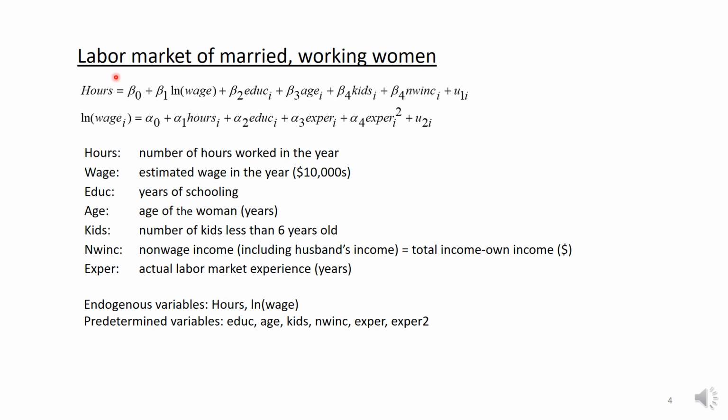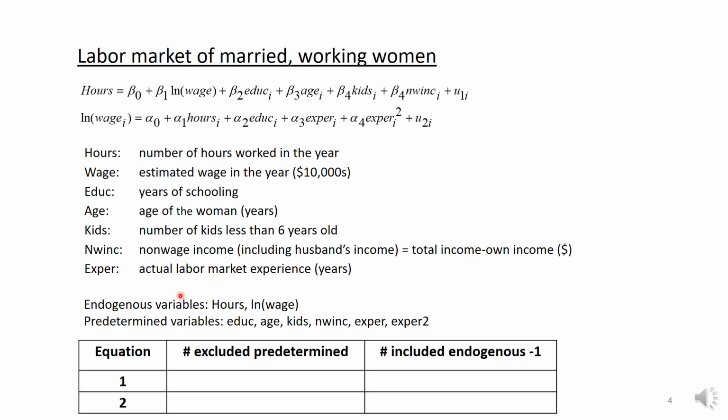So we have two endogenous variables, and we have 1, 2, 3, 4, 5, 6 predetermined variables. So we want to know for this equation whether this equation is identified or not, and for this equation as well whether it is identified or not.